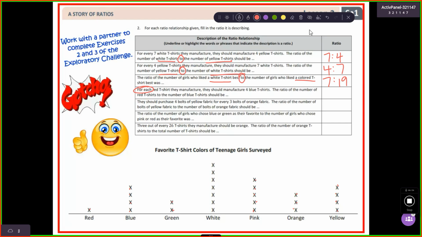One more minute. One more minute. So you should have the rest of this table completed. Okay.